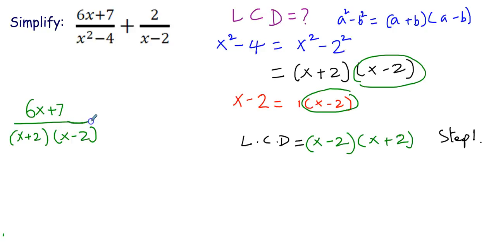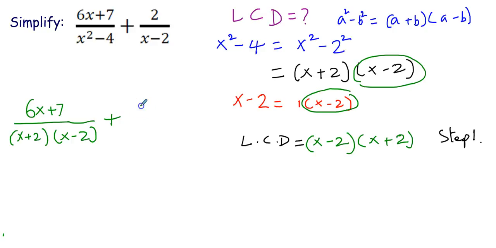Alright. Now, my least common denominator is also just the same thing, x minus 2 times x plus 2. So, do I have to do anything to this particular denominator? It is already your least common denominator. So, you don't have to do anything to the first rational expression and precisely the denominator.